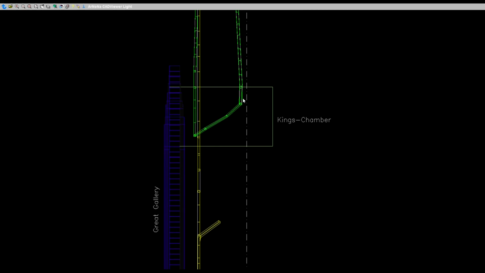Doesn't need to go all this way. Same here. It goes all the way till here and then starts going up. So that's what they are thinking from the ScanPyramids. They found some area here, a big void, which probably is another Grand Gallery. That's what they were avoiding, not the original Grand Gallery, but the second Grand Gallery.